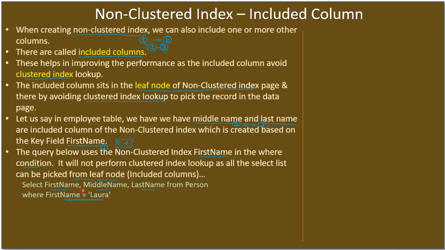So what happens here? In the previous video, we talked about non-clustered index and its lookup, right? So first name, let's call this 1, middle name 2, last name 3. Here is the first name and it is sorted, since it's a key column. Then we have a key column for employee ID.